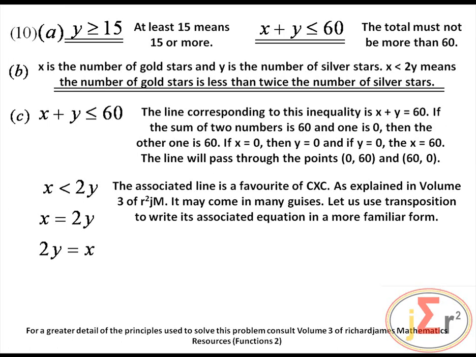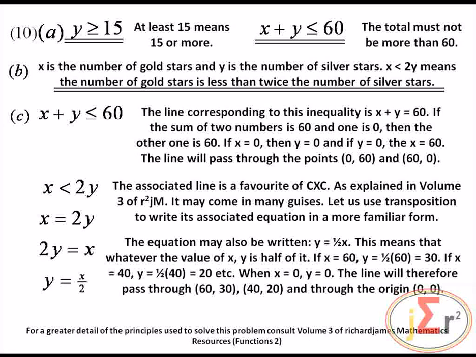And of course, dividing both sides by 2, the 2 is going to be eliminated from the left-hand side. And we have Y is equal to X divided by 2. And that is a line that we are familiar with. The equation may also be written Y is equal to a half of X. This means that whatever the value of X is, Y is half of it.